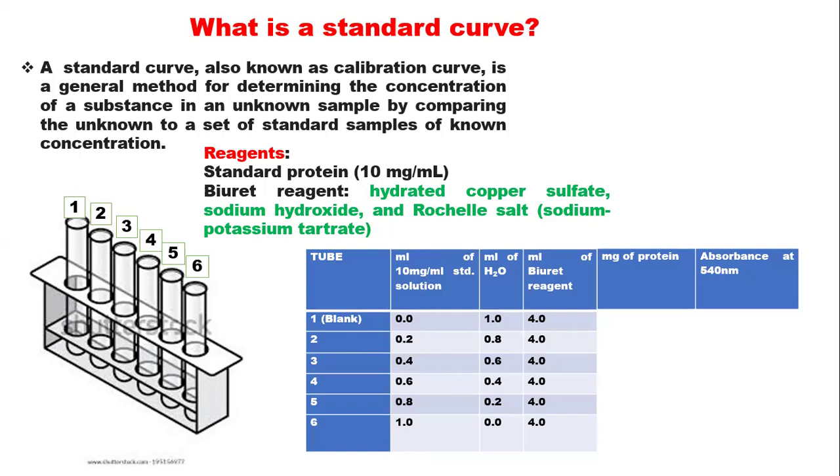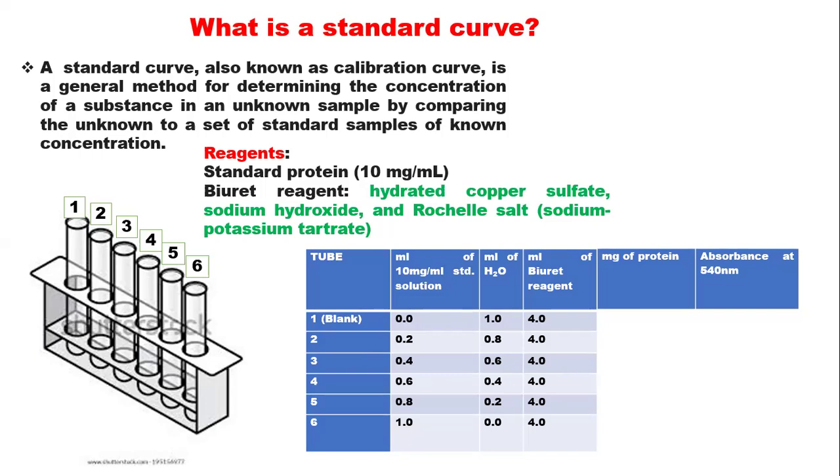You are not going to add your standard protein to your blank tube, but you will add all the other components that you add in the rest of the tubes. What is the importance of this blank? It is used to zero the machine so that you can now measure the absorbance of your samples.